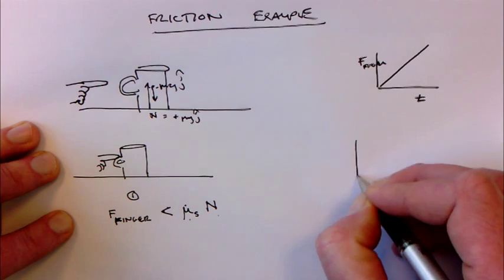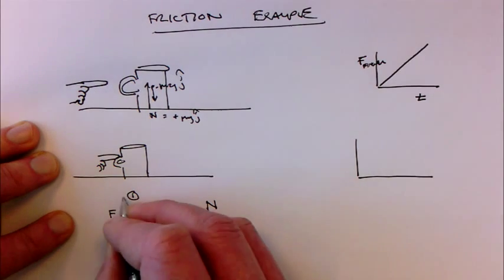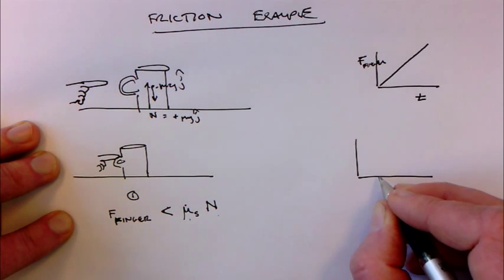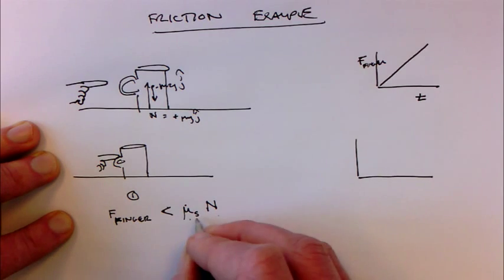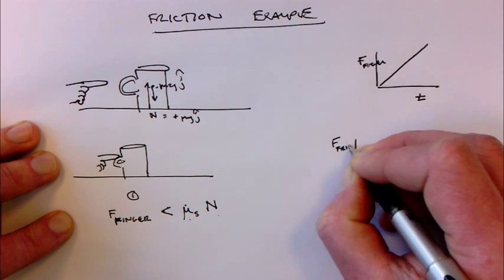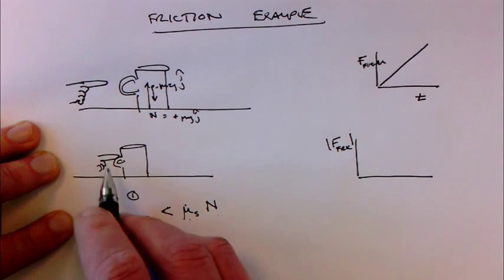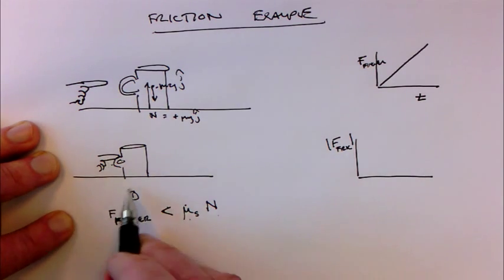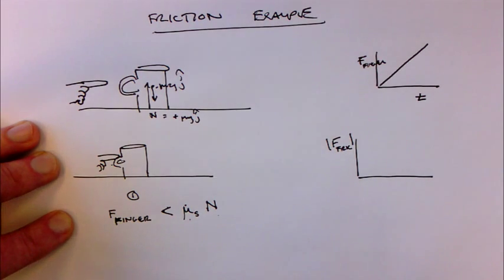Up to some point in time that this is not true, the magnitude of the frictional force is just increasing to accommodate however much I'm pushing. If I'm pushing with a force of 1/100th of a newton, the frictional force is also 1/100th of a newton in the opposite direction.